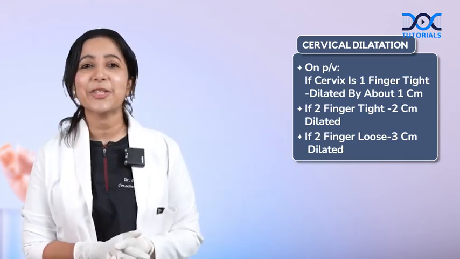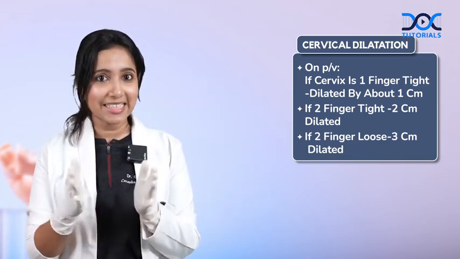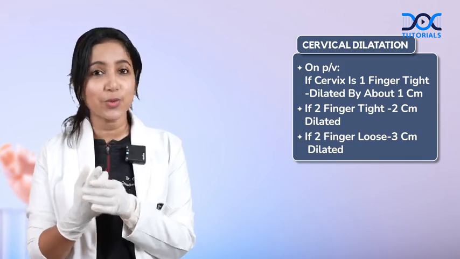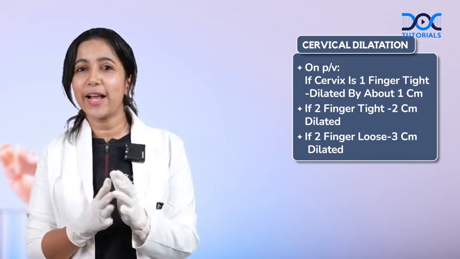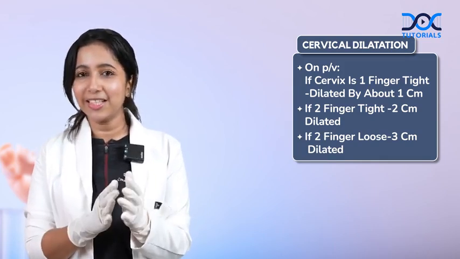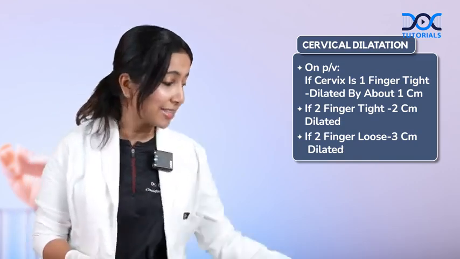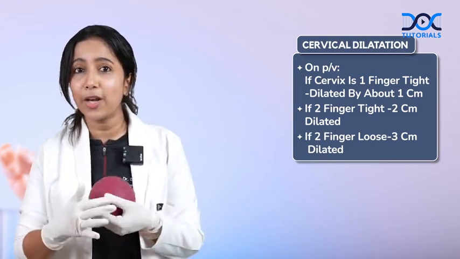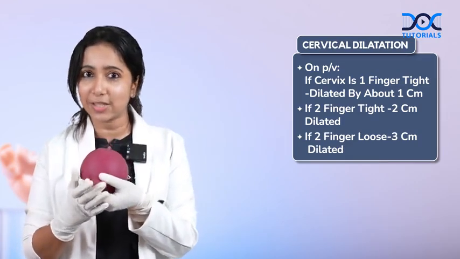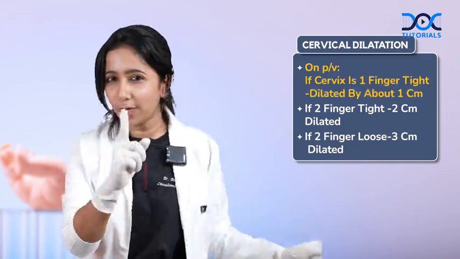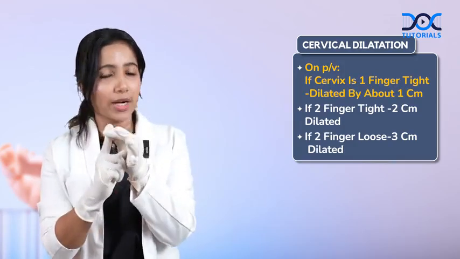The best thing you can do practically is take a scale and measure how much 1 centimeter is. Suppose you have a chubby finger or a very thin finger, it might differ slightly. But as a rule of thumb, when os is completely closed, that is a closed cervix. One finger tight is 1 centimeter.